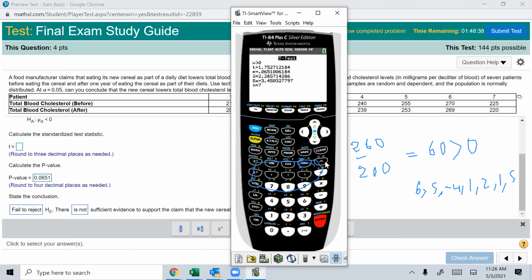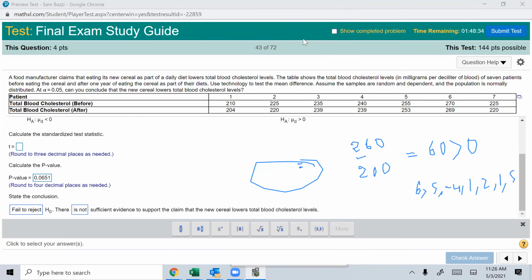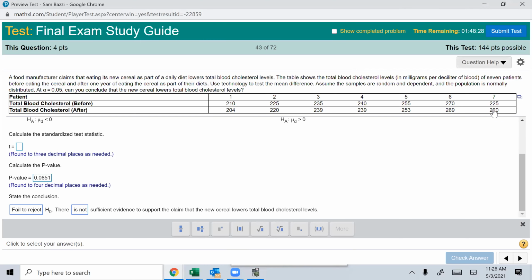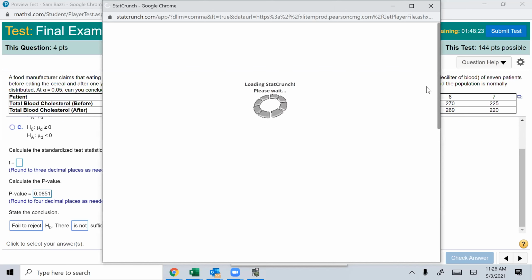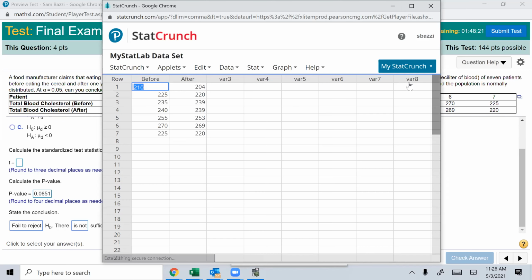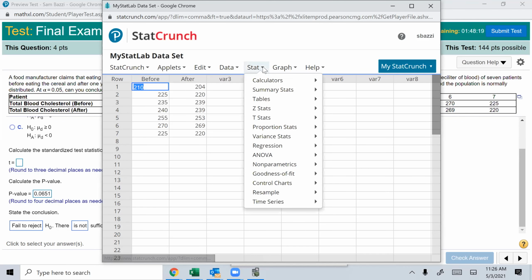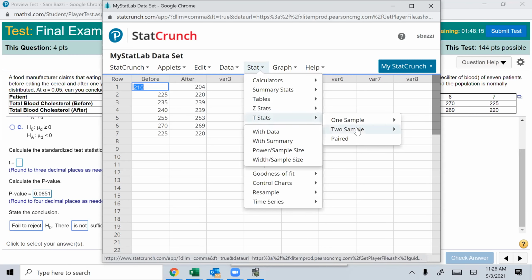Now, how do you do this in StatCrunch? Let me clear. Okay, open in StatCrunch. Stat, T Stats, Two sample but paired. You choose paired.